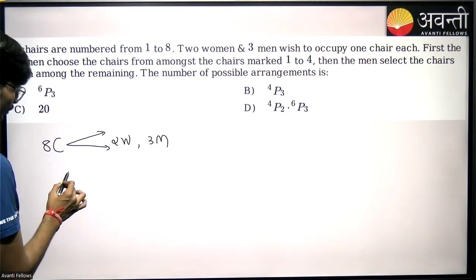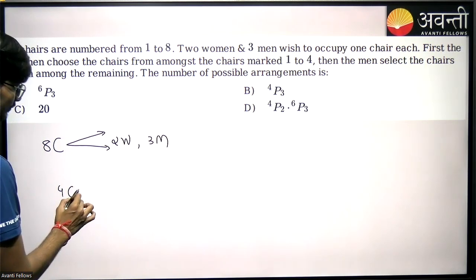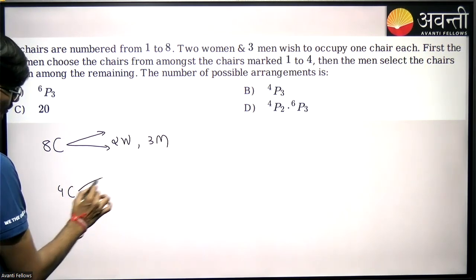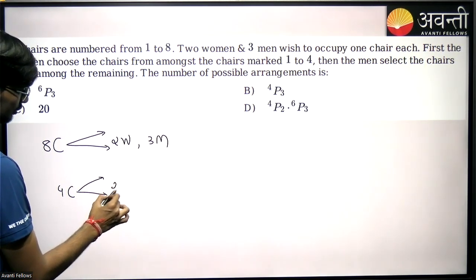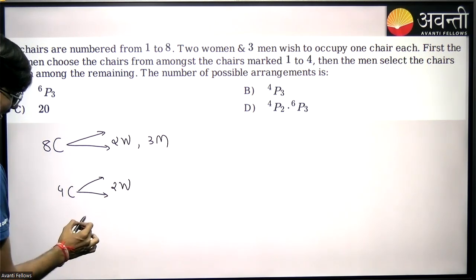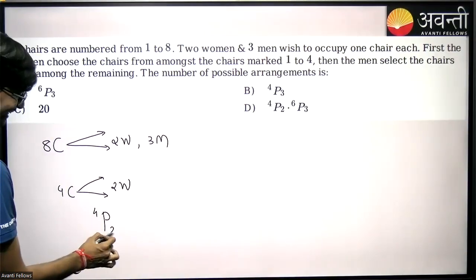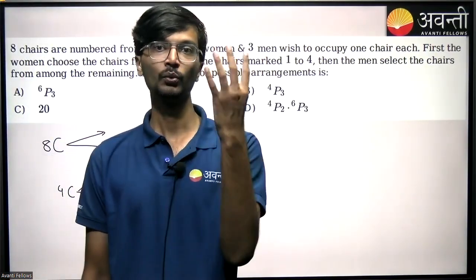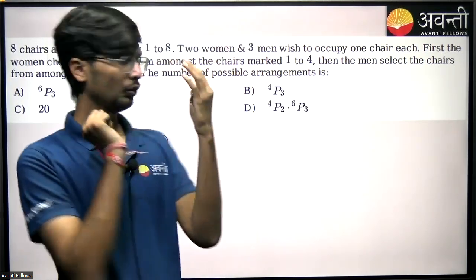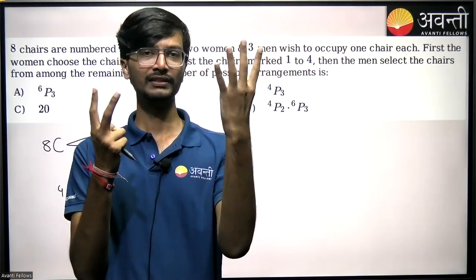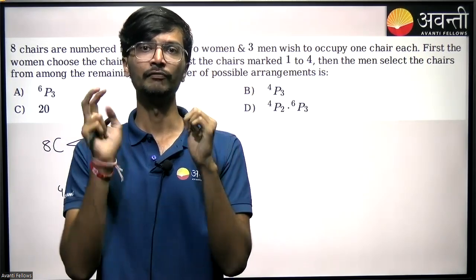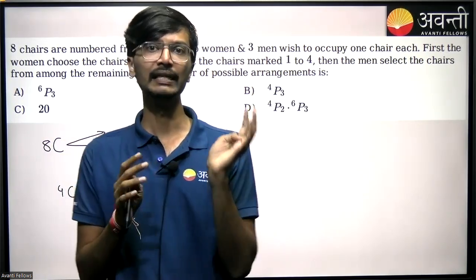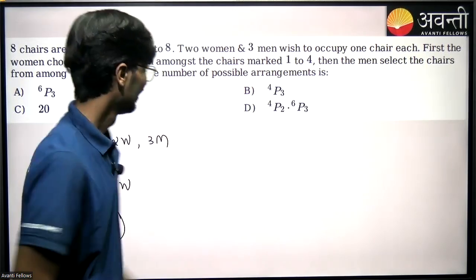So out of 4 chairs, we have to give it to 2 women. So that means 4p2 arrangements, right? Total there are 4 chairs, there are 2 women. So 4 chairs and 2 women. If we want to arrange this, we will get 4p2.